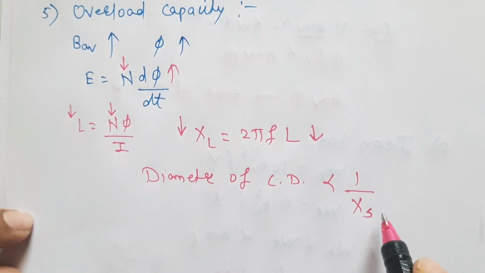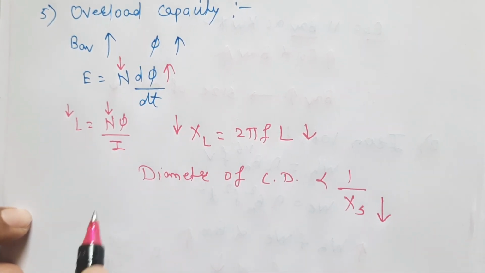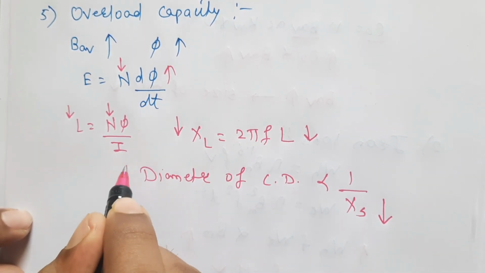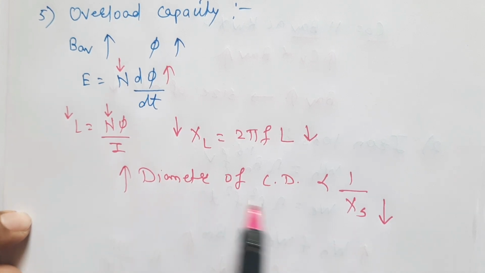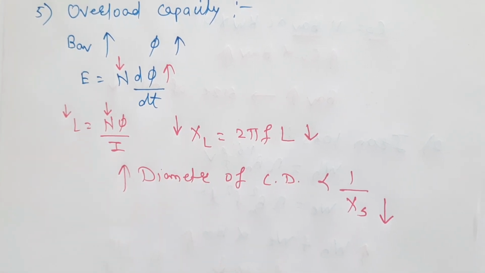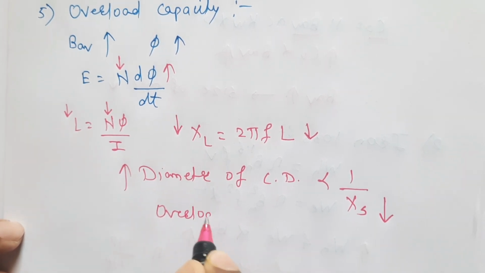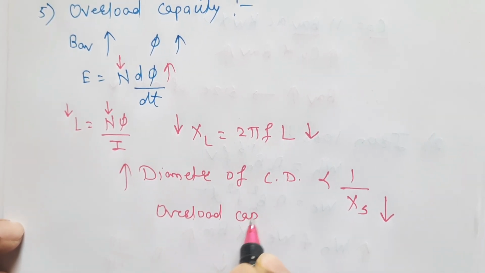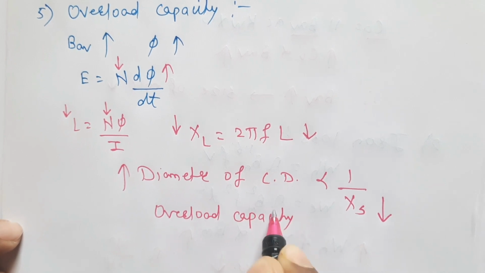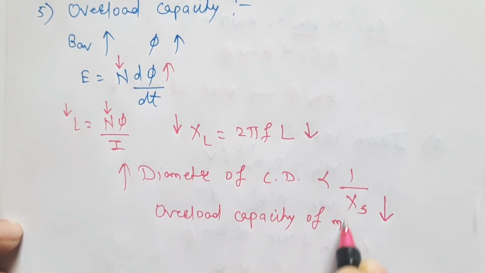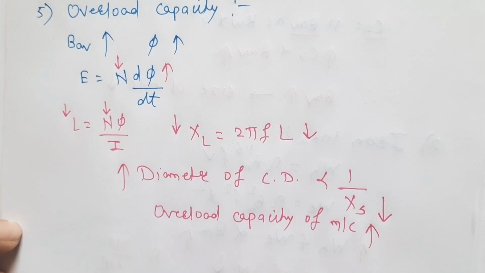Since X decreases, the diameter of circle diagram increases since both are inversely proportional to each other. Therefore, overload capacity of machine increases.